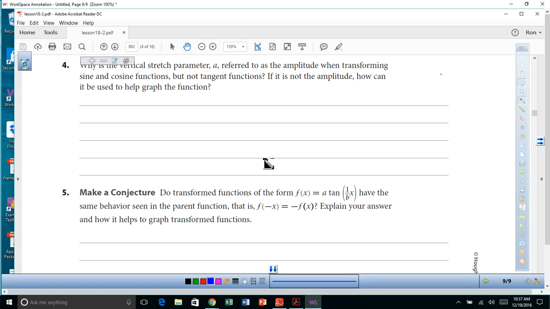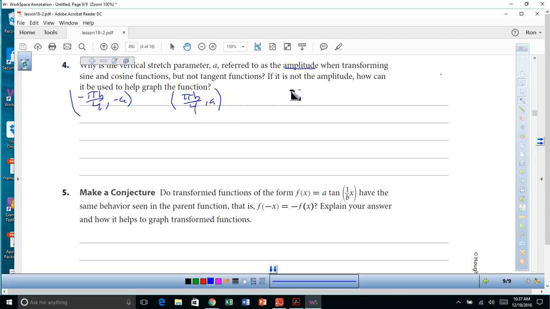So how does the amplitude help? Well, it gives you negative pi b over 4, and pi b over 4a.